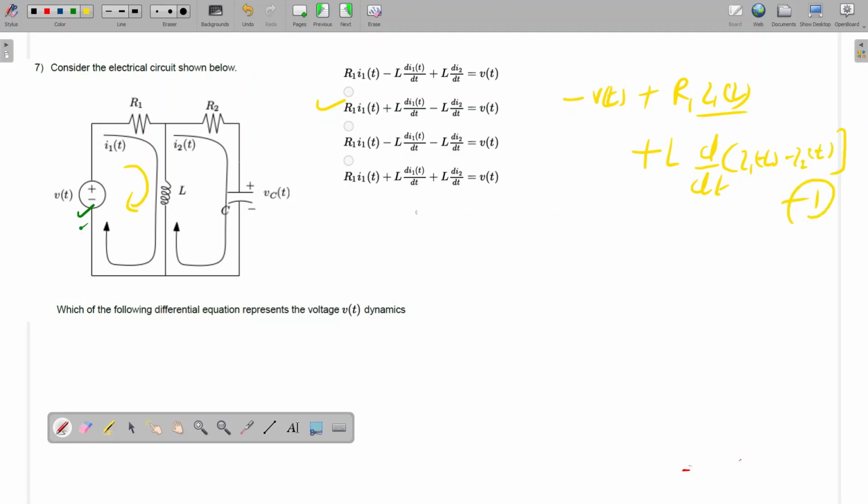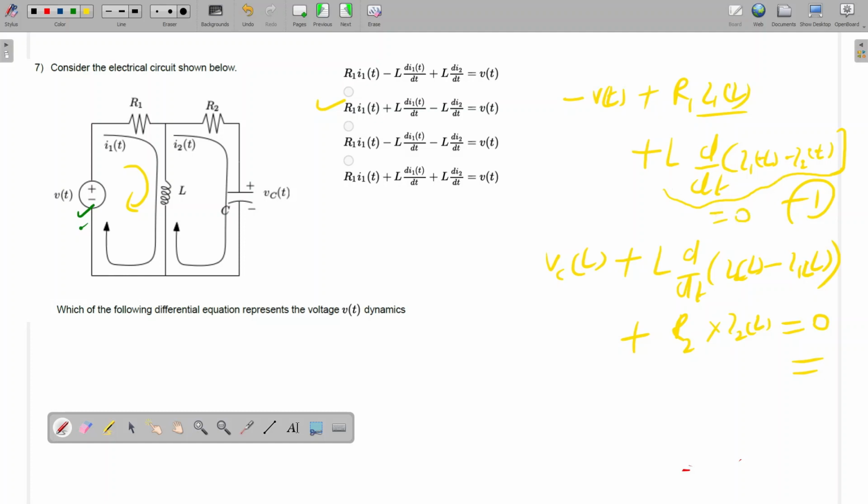Going from here: Vc of t plus L into d by dt of (I2(t) minus I1(t)) plus R2 into I2 is equal to 0. Are we getting anything from this one? Now this value we can get as L into d of (I2 minus I1), equal to 0.